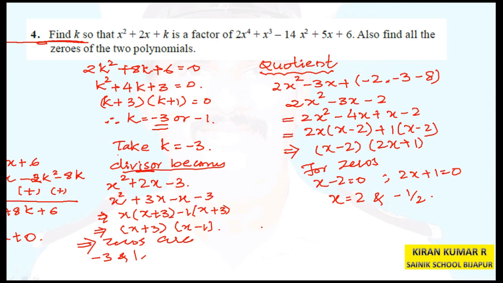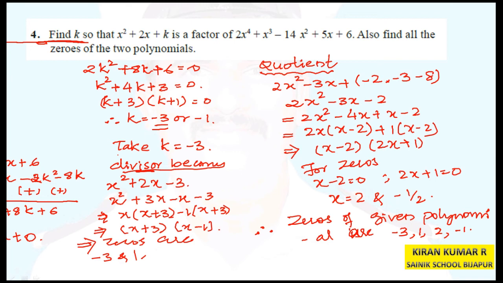Therefore, zeros of the given polynomial are minus 3, positive 1, positive 3 and minus 1 by 2.